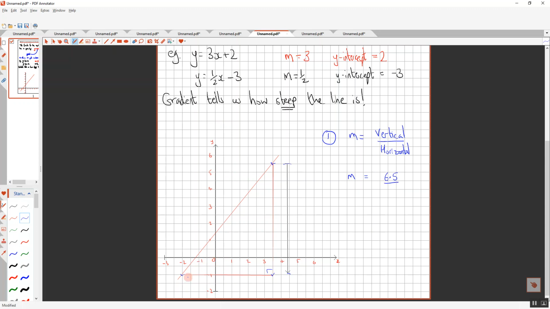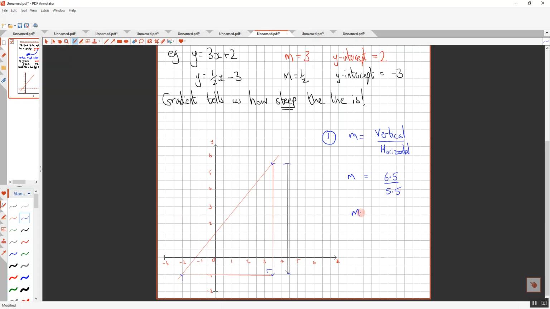The horizontal distance, I am starting from here. 1, 2, 3, 4, 5, and another half. So 6.5 divided by 5.5.